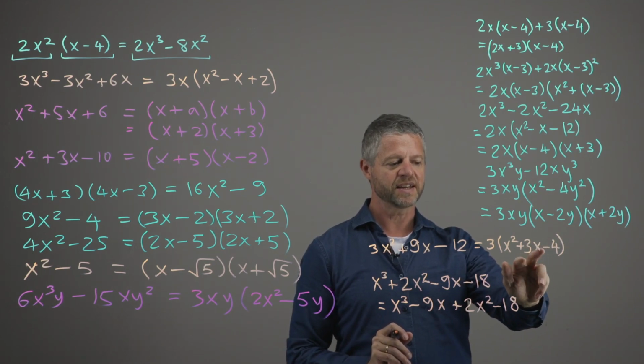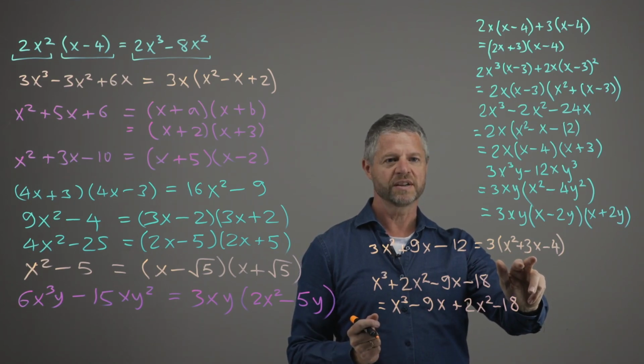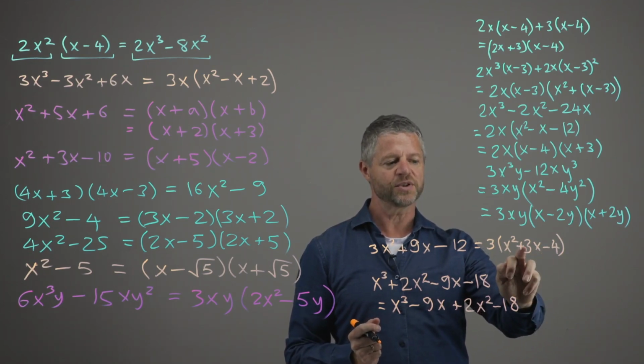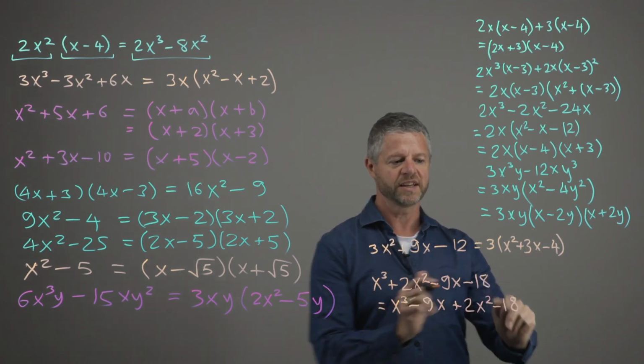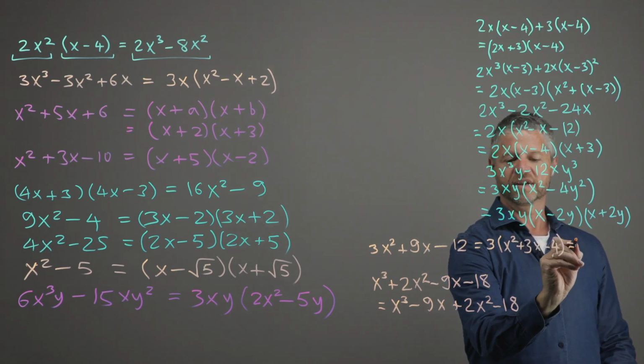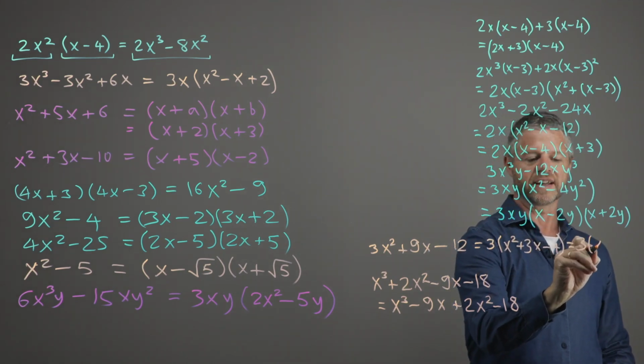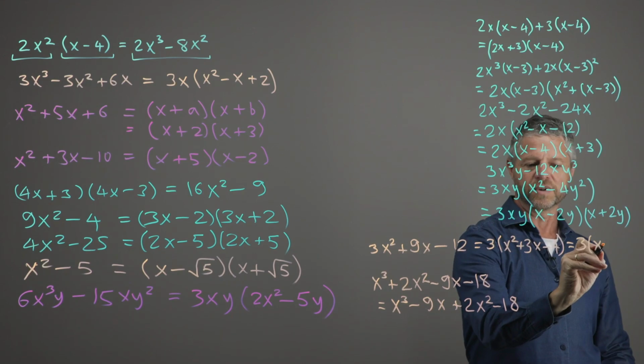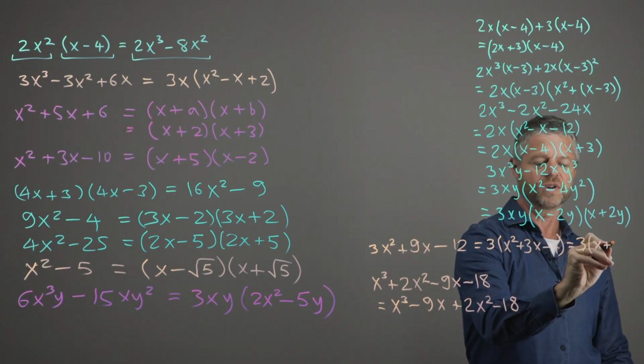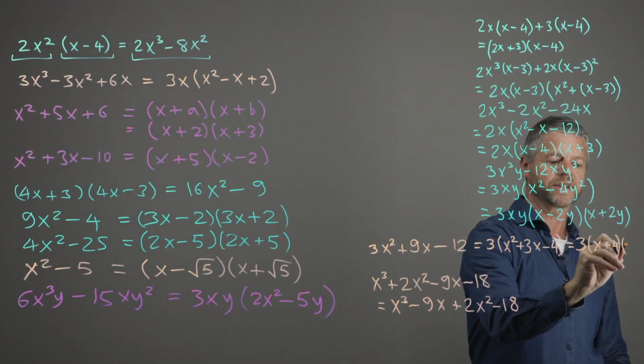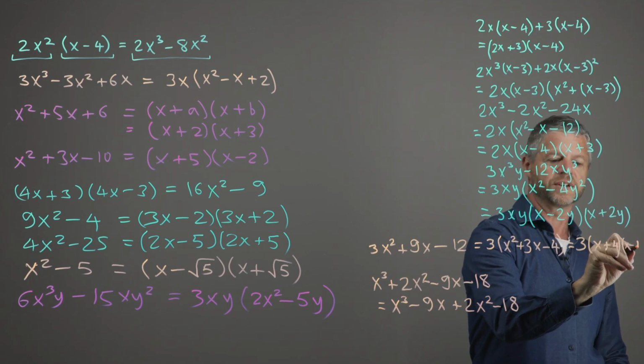So I think, let's see, plus 4 minus 1 would work because they would multiply to give me minus 4 and add to give me 3. So I'm going to have 3 and then x plus 4 and x minus 1.